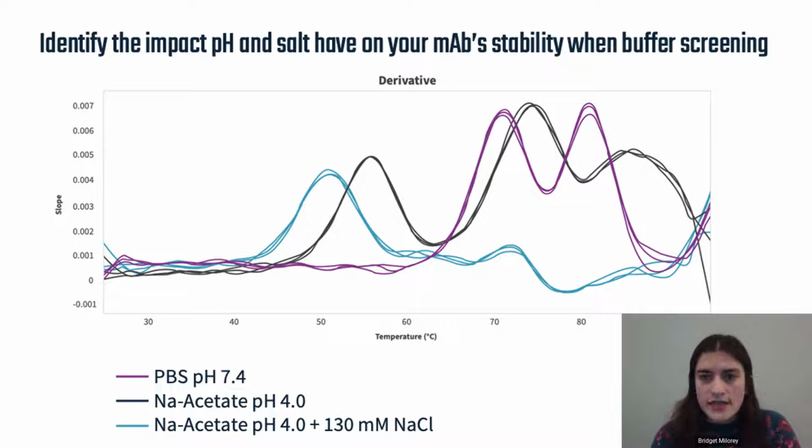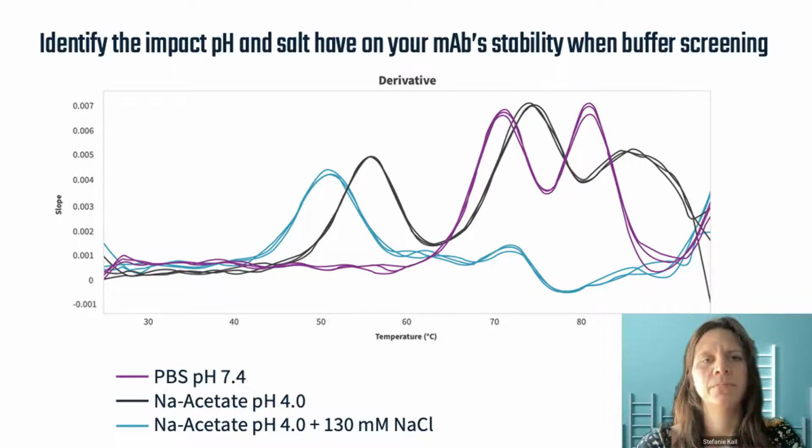We can see that again in that TM1 shift. But it typically enhances the colloidal stability. We're not going to get into the differences here and that combinatorial workflow, but it is worth noting that a pH of less than 7 tends to decrease your overall propensity for aggregation.